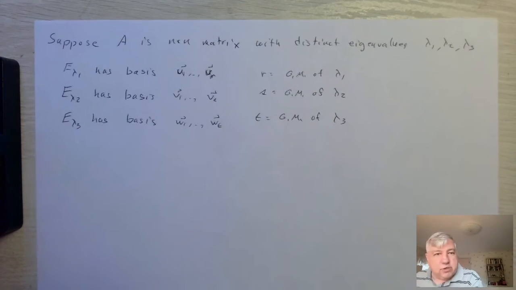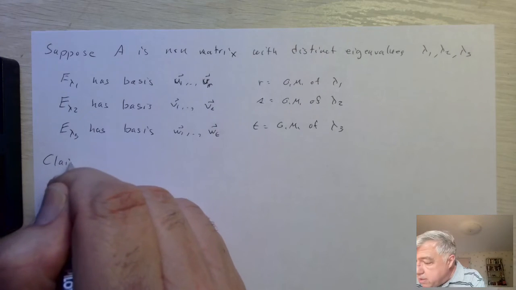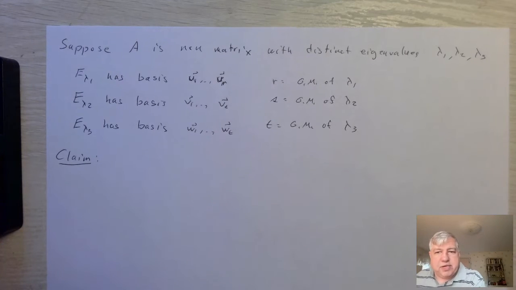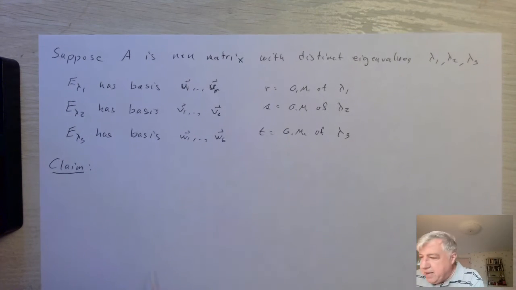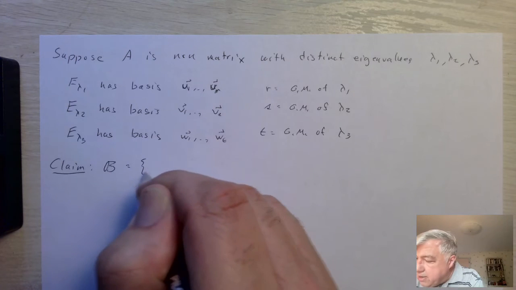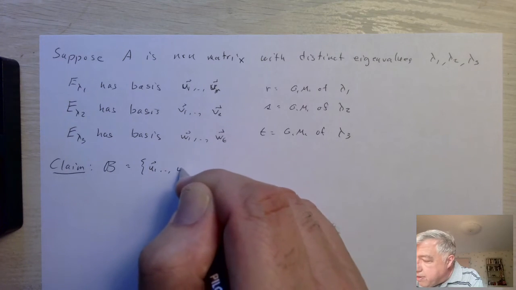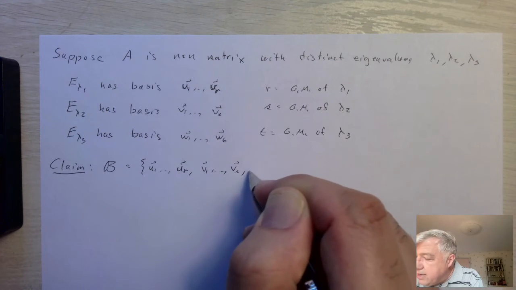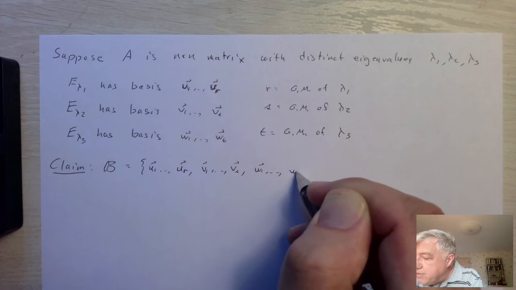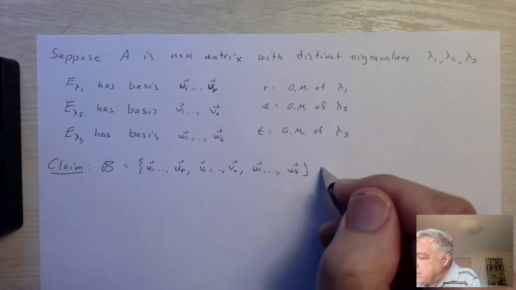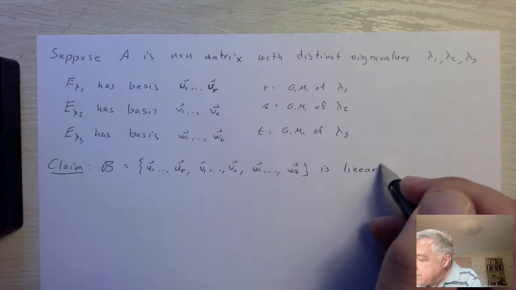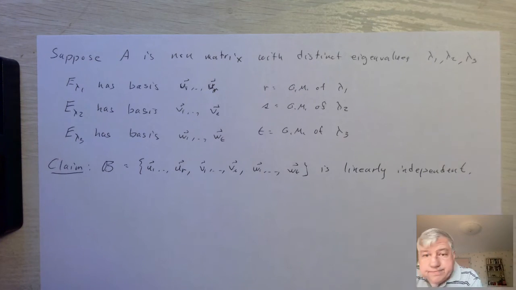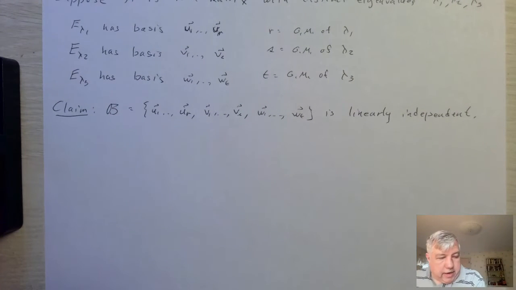Now first we're going to make a claim that if we take all these vectors and combine them into one big set, that's going to be linearly independent. So we let beta be the set of all the vectors together, U1 through UR, V1 through VS, and W1 through WT, and we claim that this is linearly independent. Why is that?